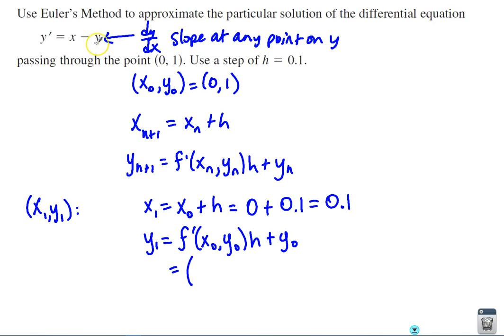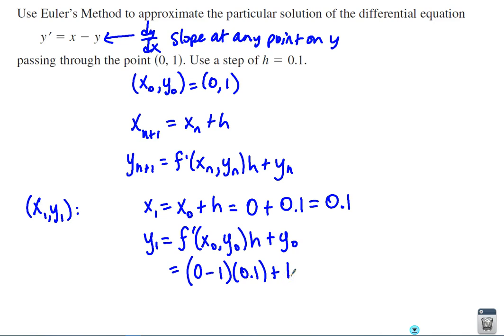It will be different every time. So my x value was 0. My y value was 1. So then my slope at my previous point is 0 minus 1 because I've plugged in x minus y into y prime. H was 0.1 plus my previous y value, which was 1. Okay?